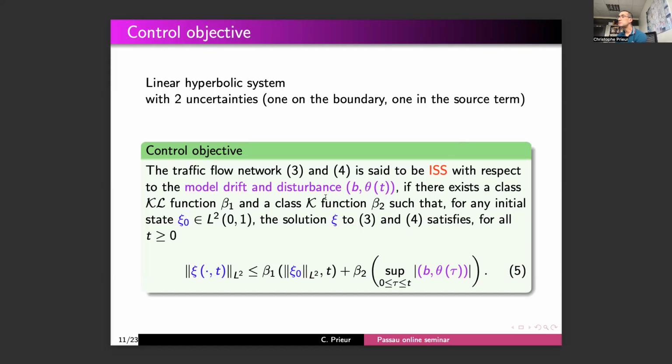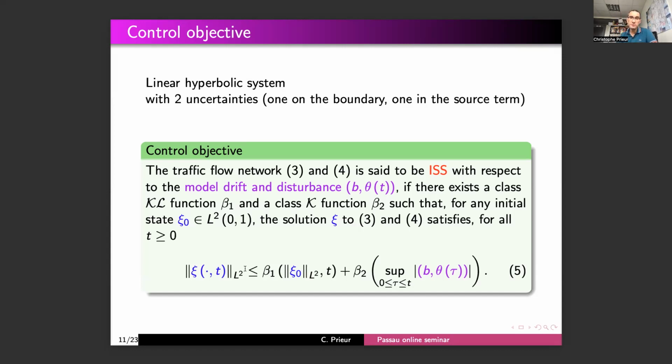So the objective is to analyze the stability and the input-to-state stability with respect to the model drift B and the disturbance theta. To be more specific, we would like to find a beta 1 function of class KL. I'm sure that everyone in the audience of this online seminar on input-to-state stability knows what a KL function is, and a class K function beta 2, so that we have this inequality.